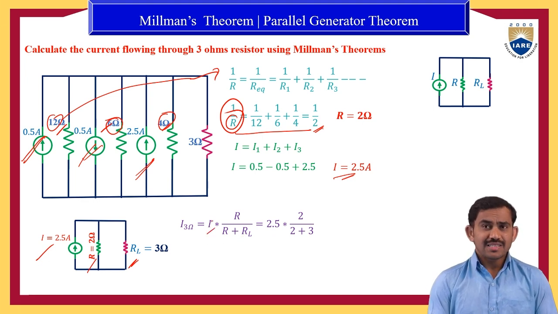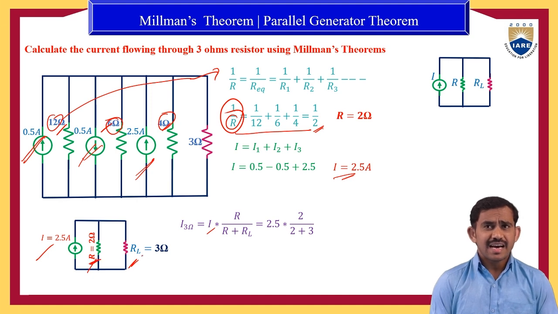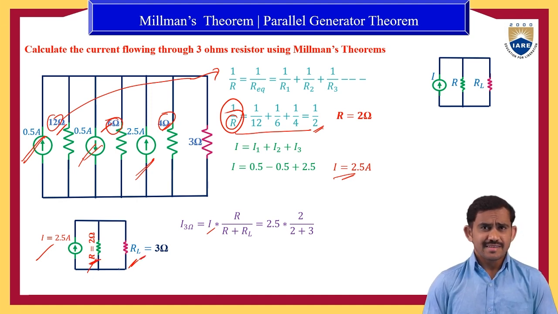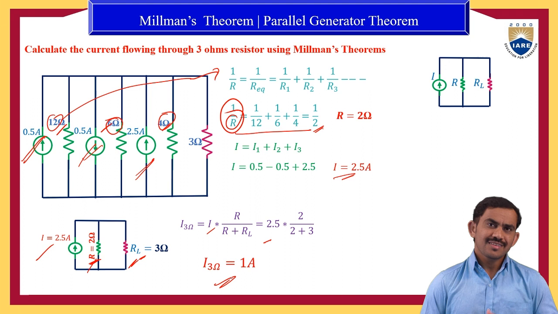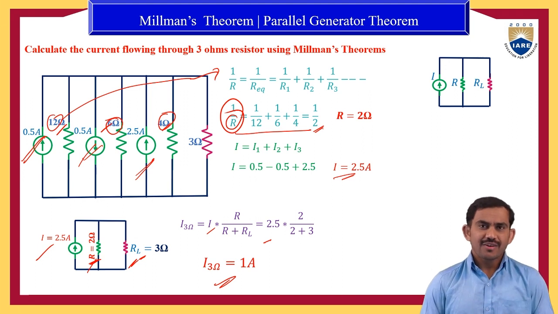That is I. And the opposite resistance is R, and RL is where you need to find the current. So R by R plus RL. We have 2.5 into 2 by 2 plus 3. Just substitute the values here. What is your I value now? The current at the 3 ohm resistor is 1 amp. So using Millman's theorem, the 3 ohm current is 1 amp.